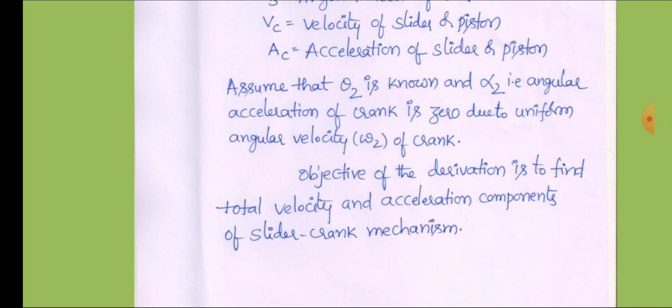Next, the objective here. You must remember theta 2 will be given and alpha 2 is equal to 0 because of uniform speed. Therefore, if I assume these two, theta 2 is known and alpha 2 is equal to 0, then my objective in the derivation is to find the total velocity and acceleration components of the slider crank mechanism, mainly the velocity of the slider and the acceleration of the slider.